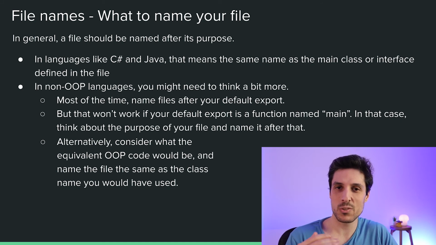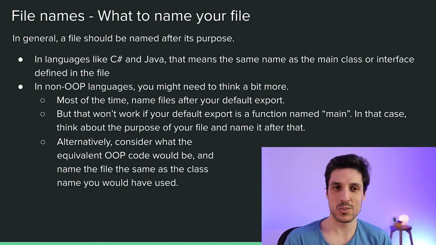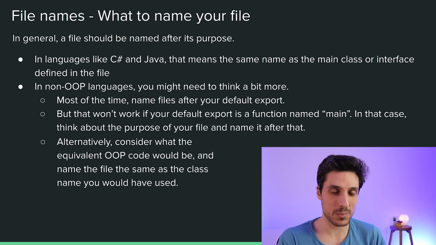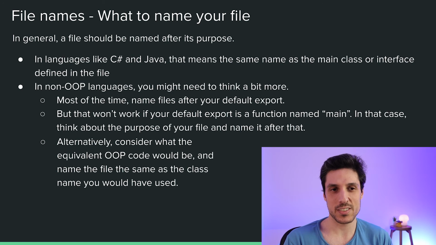One is if your default export is something like a function called main or setup. Obviously, it doesn't make sense to name your file main or setup, especially since other files may be exporting a function named the same thing. So you're not going to have files named the same everywhere in your code base. What do you do in this case?